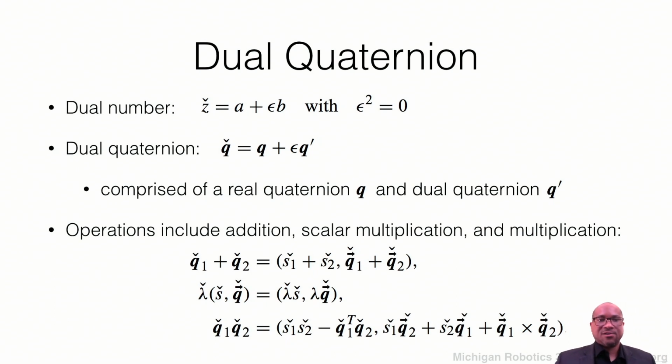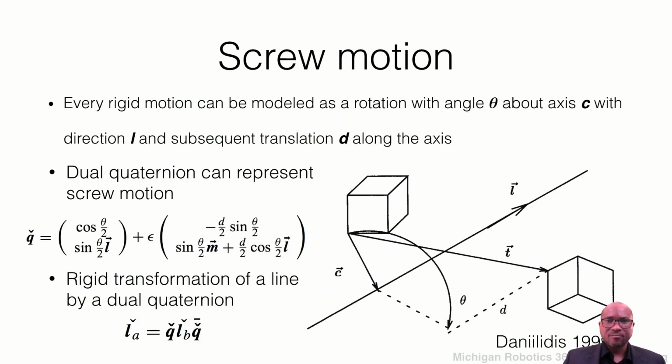We should note that similar to our basic quaternion, we have operations for this vector space: addition, scalar multiplication, and multiplication of 2 dual quaternions. There's a great paper by Kostas Daniilidis that I go to as my reference, that says every rigid motion can be expressed as an angle about an axis with direction and then a subsequent translation.